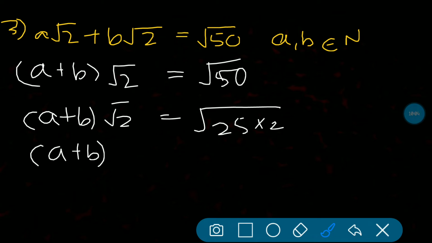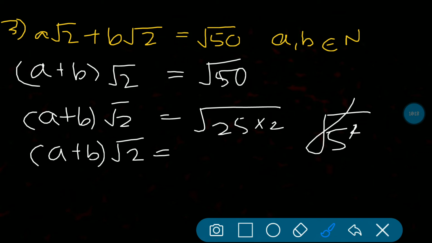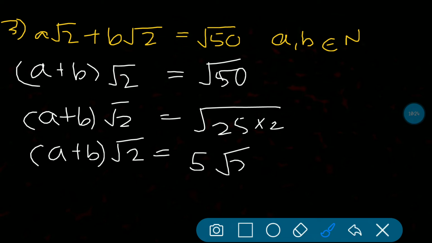So a plus b root 2 equal to 5 squared, and square and square root will get cancelled. So what is left out? 5 multiplied by root 2.